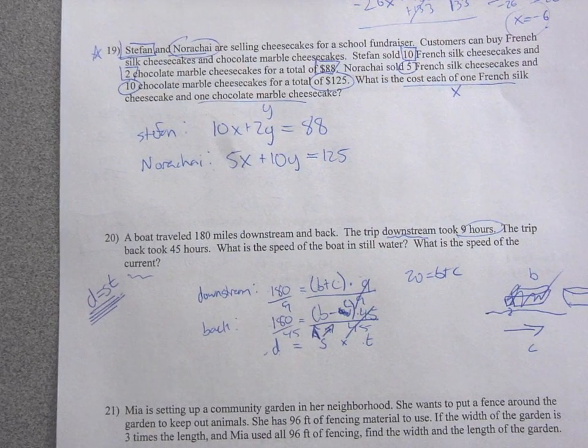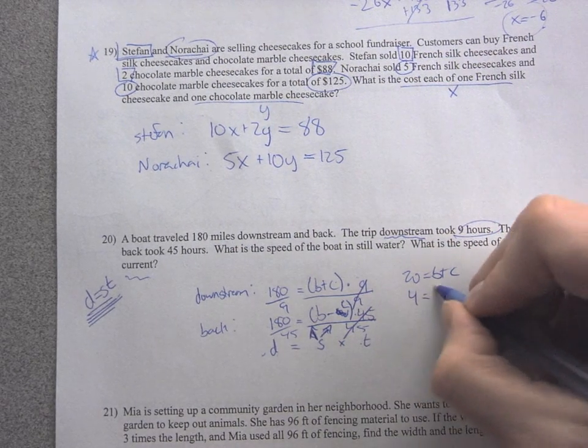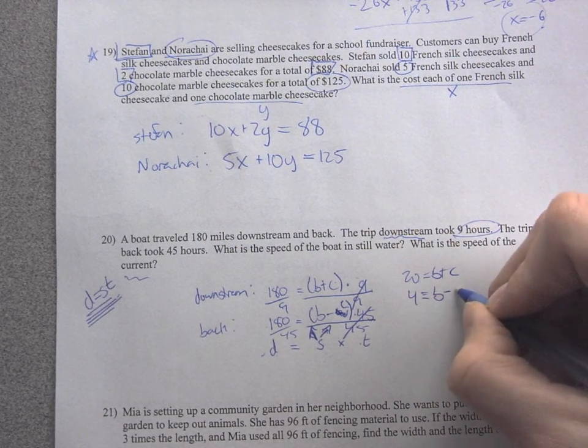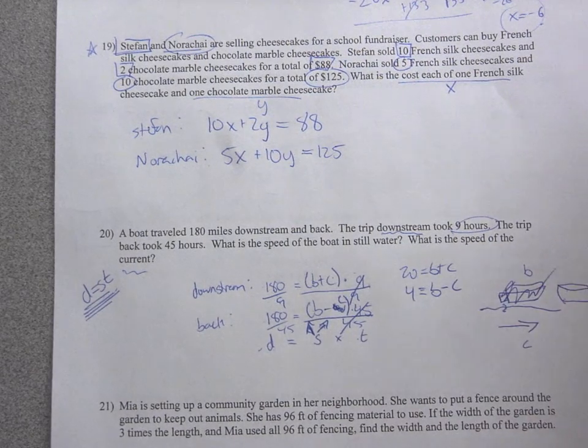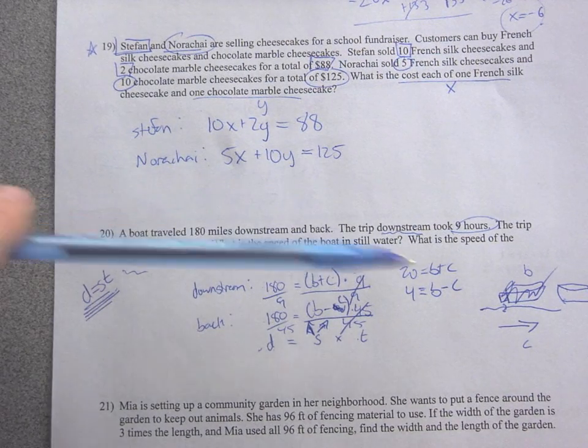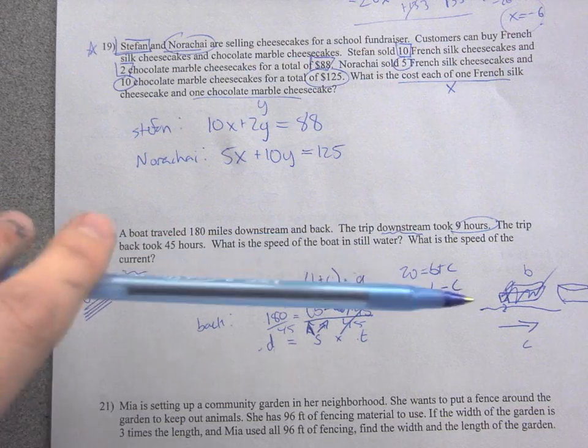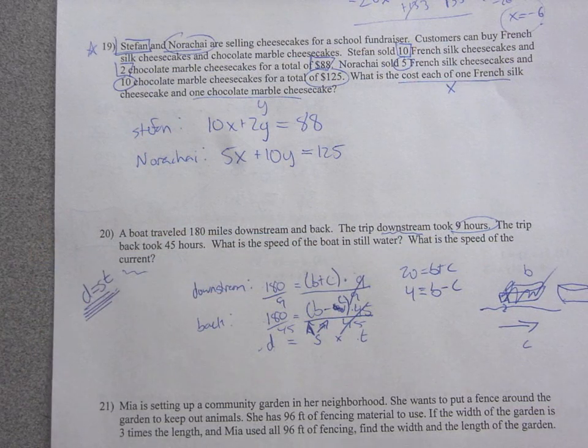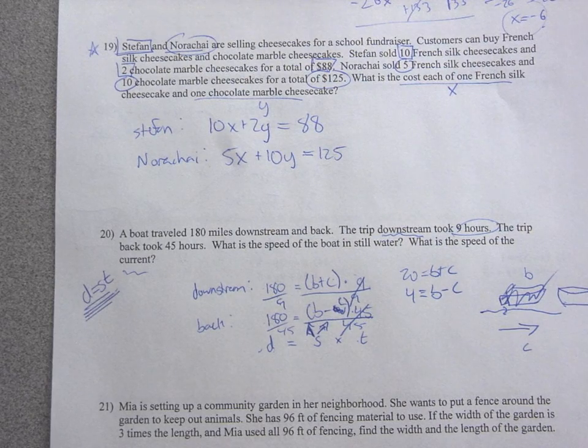The 45's canceling. We just got to find out what 180 divided by 45 is. Looks like it's 4. Okay, so 4 miles an hour is the boat speed minus the current. So when they're working together, downstream, the boat and the current together is 20 miles an hour. When it's going upstream, the boat minus the current speed is 4 miles an hour.